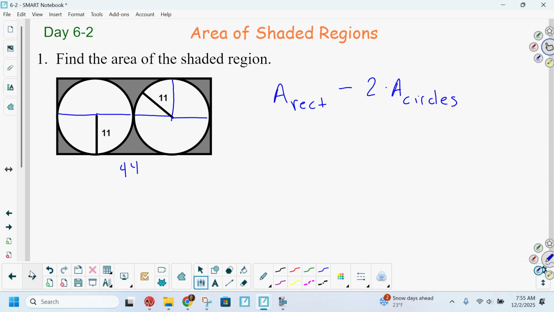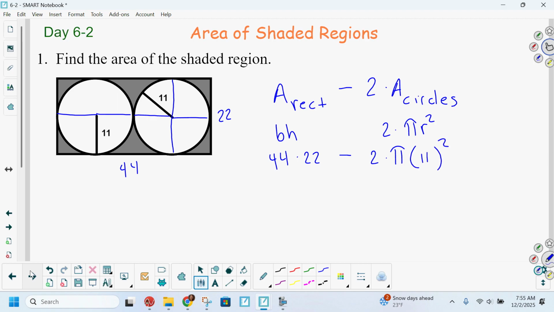And then I have 11 and 11, so this width is 22. The area of a rectangle is base times height, or 44 times 22. Then the area of my circle is pi r squared, and I multiply that by 2 because there are 2 circles. So I take away 2 times pi, and my radius is 11.